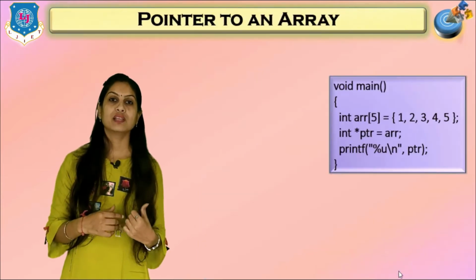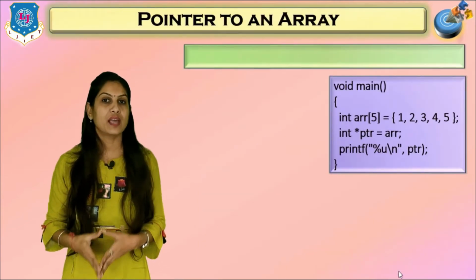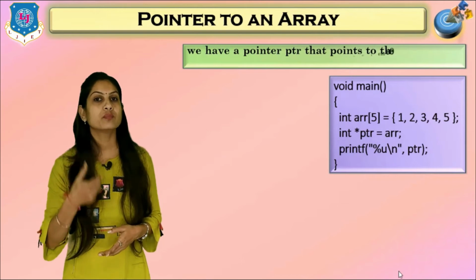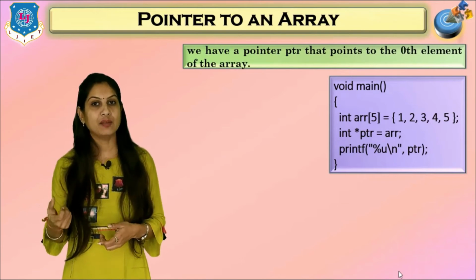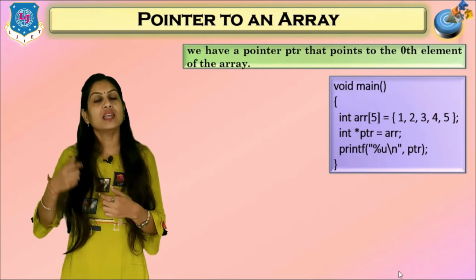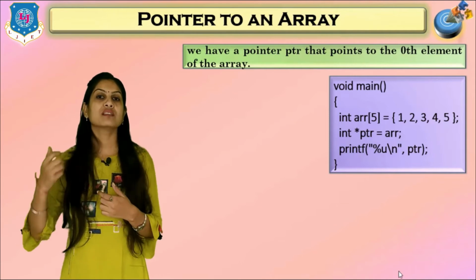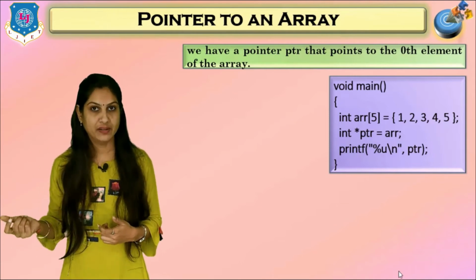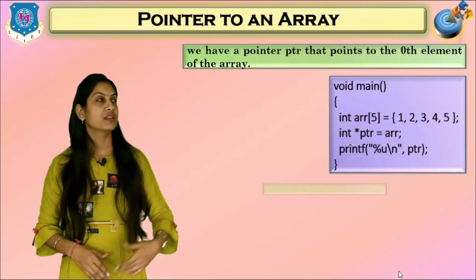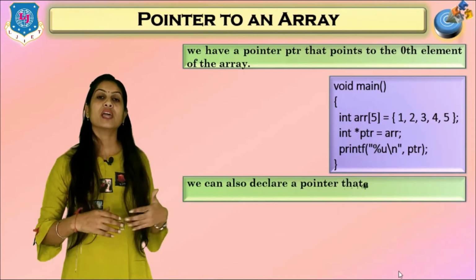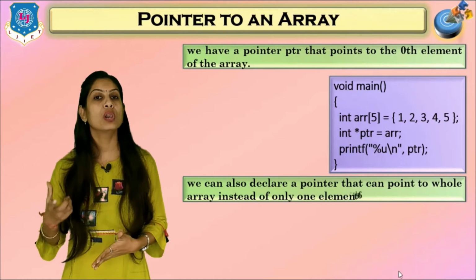Previously I discussed pointer and array, where the pointer points to only a single element of the array, and then we increment our pointer, means it jumps onto the next element. But now our concept is changed, that is pointer to array that points to the whole array.